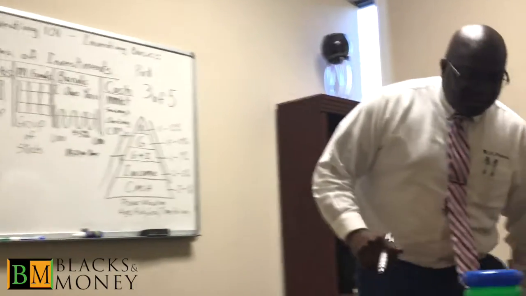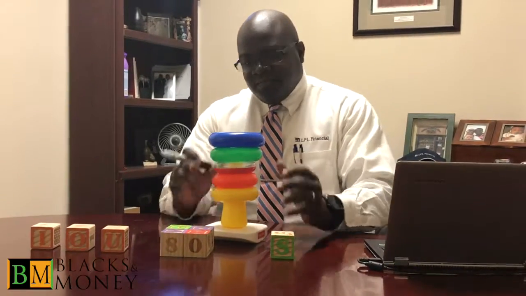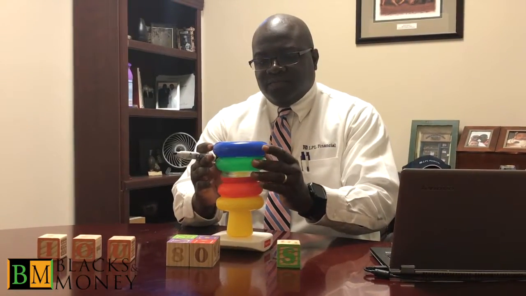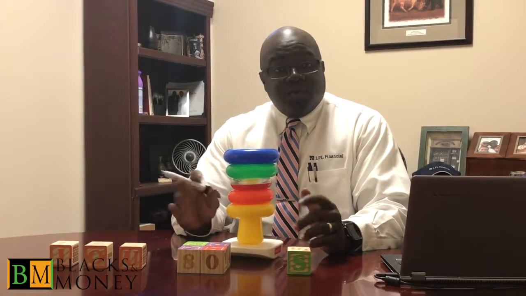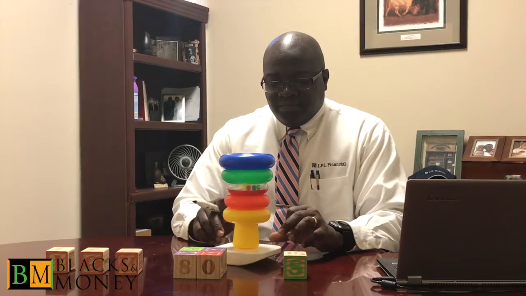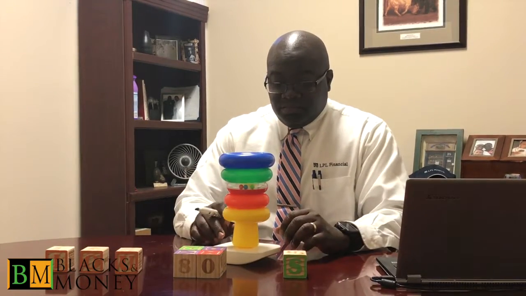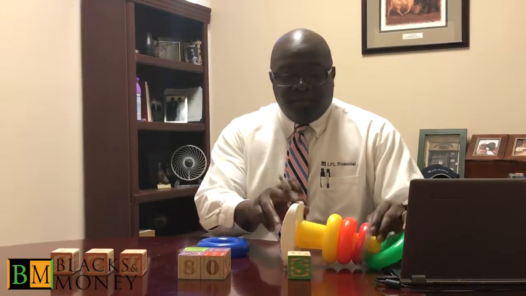Real quick here, we'll come to our toys and demonstrate proper allocation. Let's say you're 40 years old and your portfolio is out of whack. The market goes down, and you've got a problem.